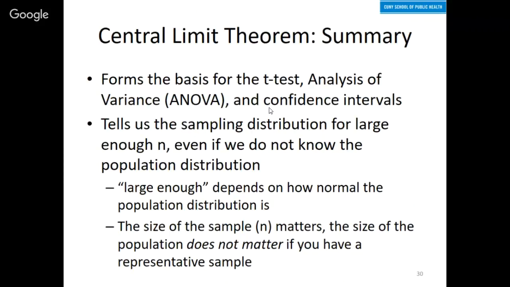And finally, wrapping up, it's been a marathon today. This central limit theorem will form the basis for t-tests, ANOVA, confidence intervals, and z-tests, because it tells us the sampling distribution for large enough n, even when we don't know the population distribution.